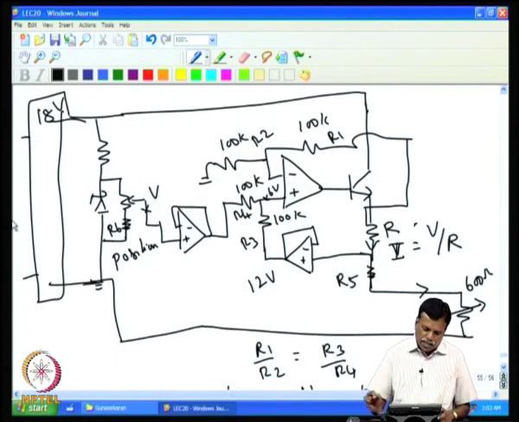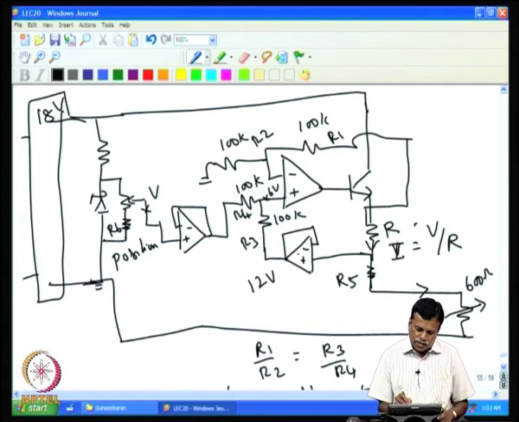Of course, one can resolve this issue by adding additional voltage at this point. For example, even for this 0, we can add some additional voltage, because the problem comes when it is not going to 0, then this also will not go to 0, but we want 0 volt for 0 current.